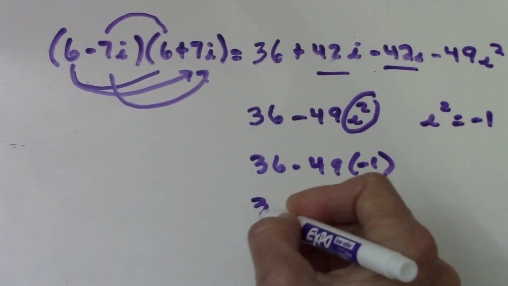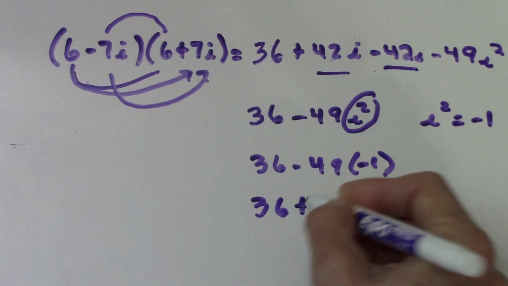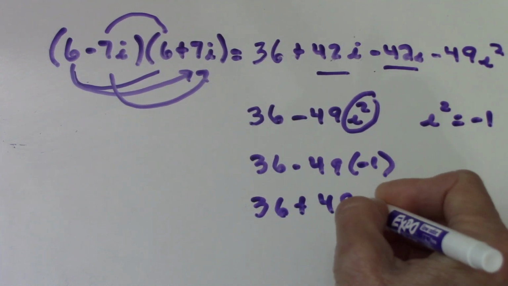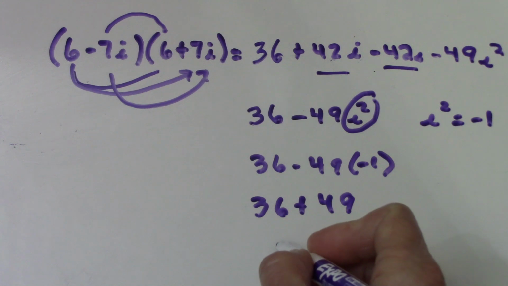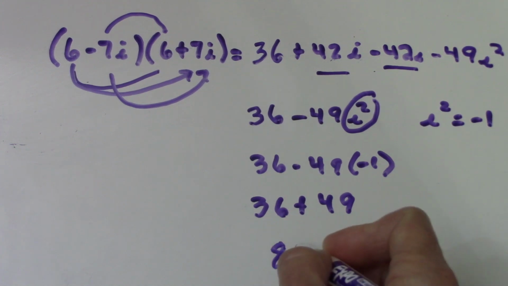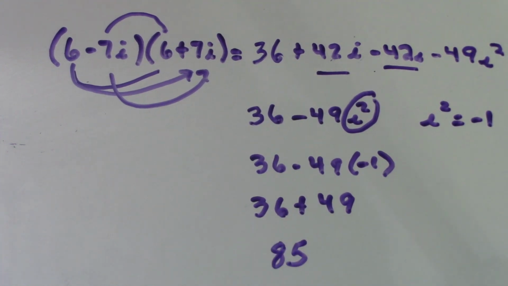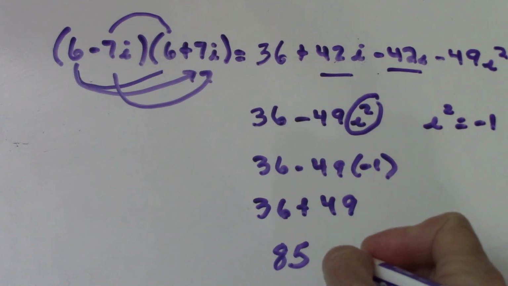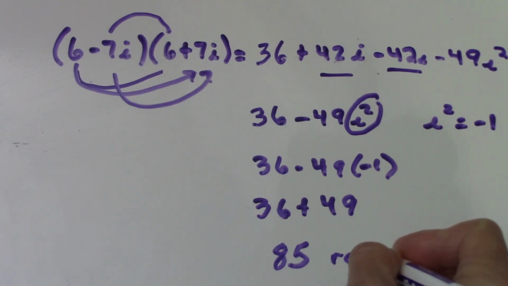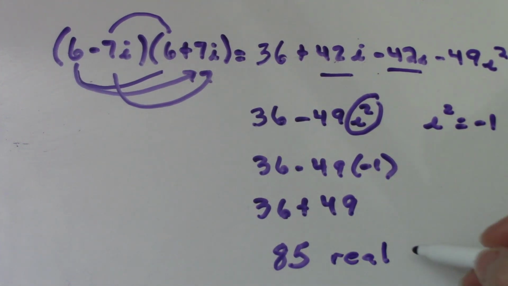So this is 36 plus 49, which is 85. But also, there's no imaginary part to it. It's a real number. We only have the real part to this number.